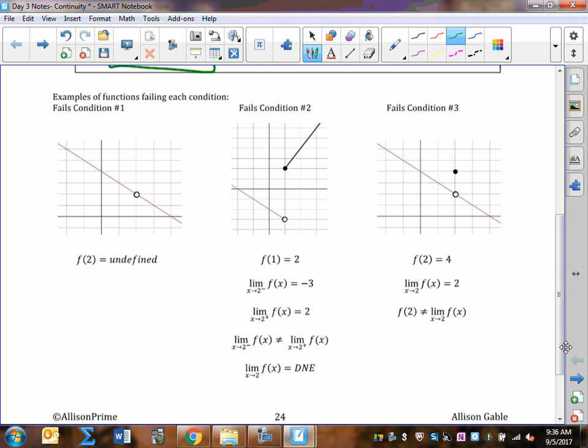Here the function is defined, we have a left hand and a right hand, but they are not equal, so the limit does not exist, which means it's not continuous at that point. And failing condition 3 is where the function is defined, the left hand and the right hand are equal, so the overall limit exists, but these two values are not equal, so it fails overall. Okay, so if any of those three break down, right.